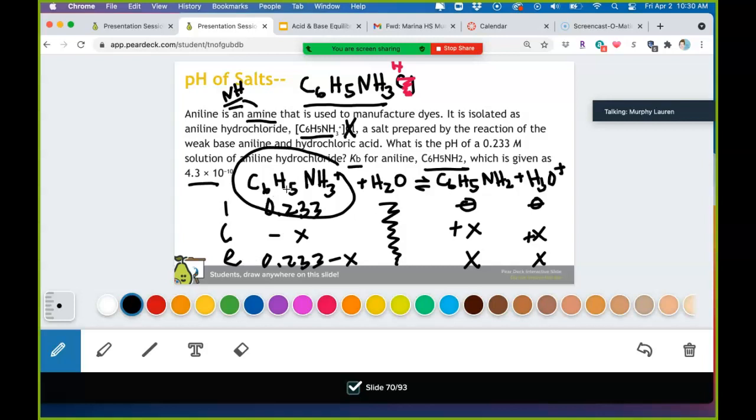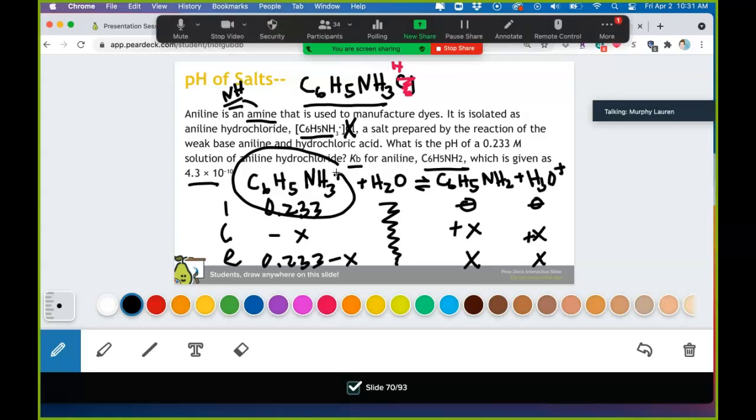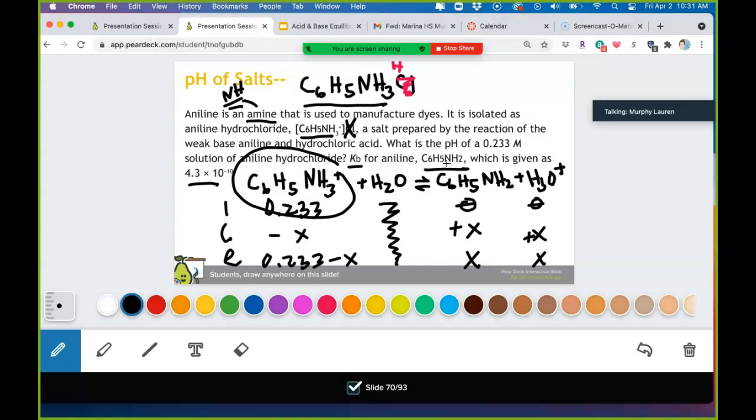This is the conjugate acid of aniline. Aniline's a weak base, it's a product. That's not who you're doing the problem with. You're doing the problem with the salt. So you have to switch the Kb to a Ka because this is a conjugate acid of the base. So this is an acid. So you have to use a Ka. You can't use a Kb.